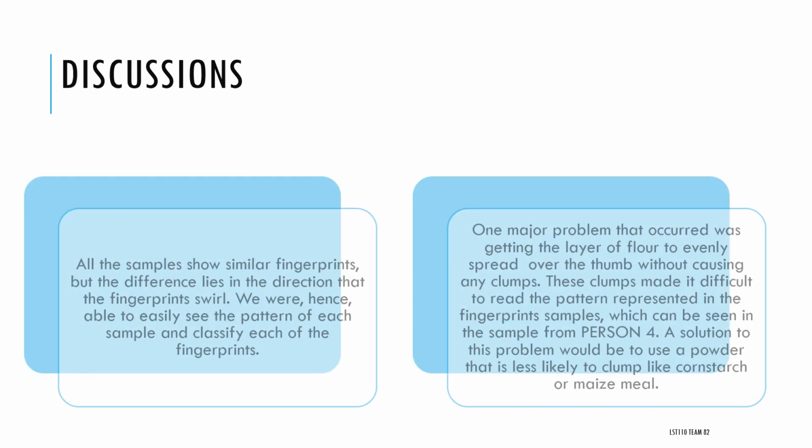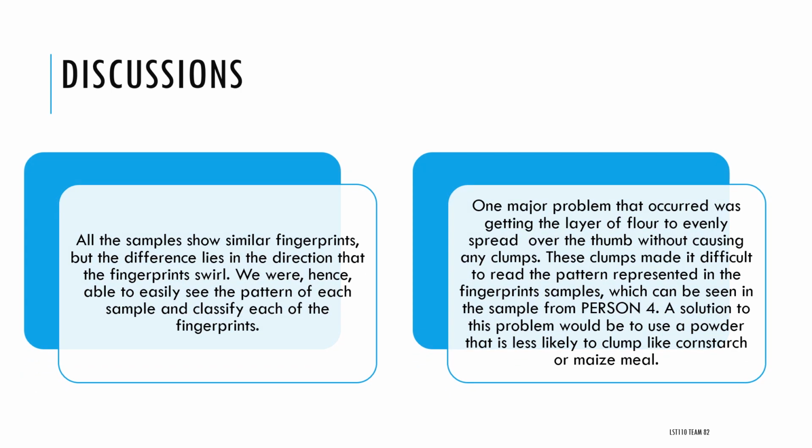These clumps made it difficult to read the pattern represented in the fingerprint samples, which can be seen in the sample from person 4. A solution to this problem would be to use a powder that is less likely to clump, like cornstarch or maize meal.